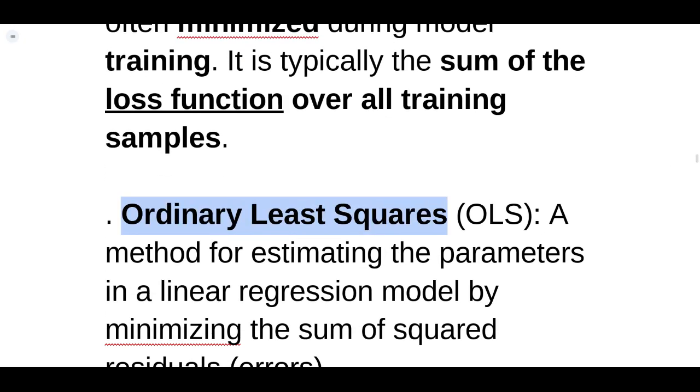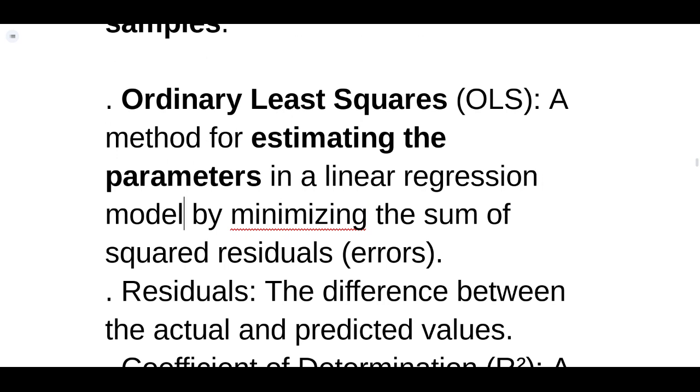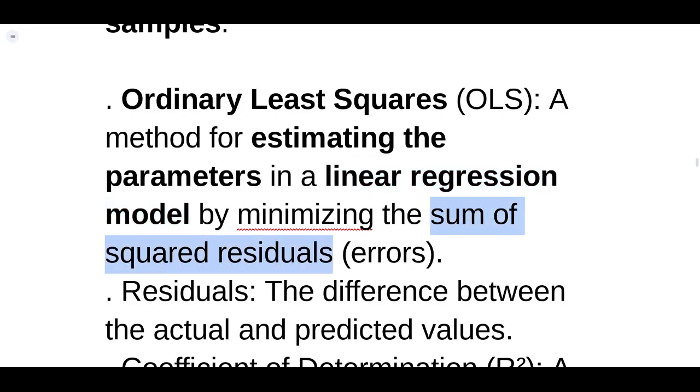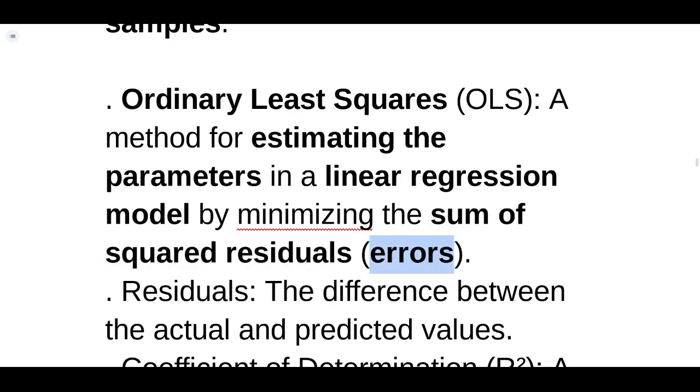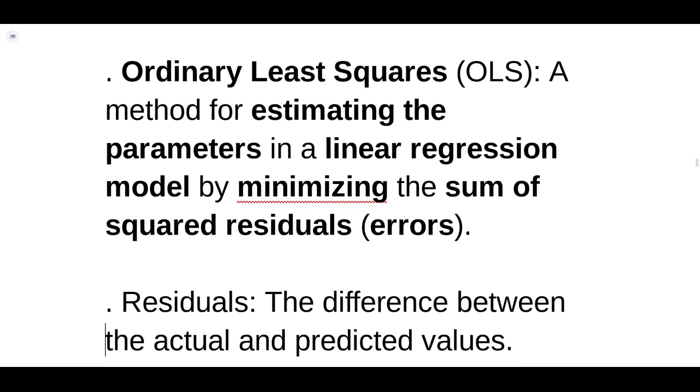Ordinary least squares is a method for estimating the parameters in a linear regression model by minimizing the sum of squared residuals, the sum of squared errors.